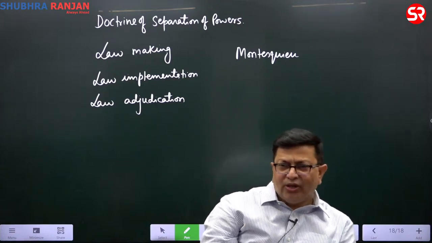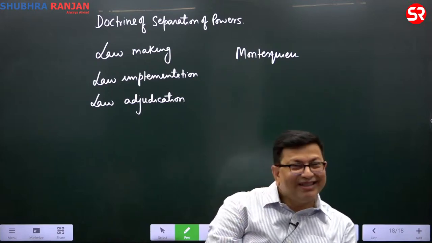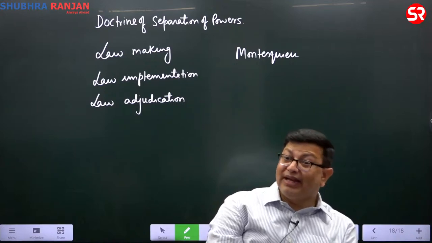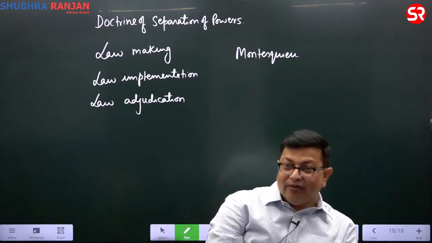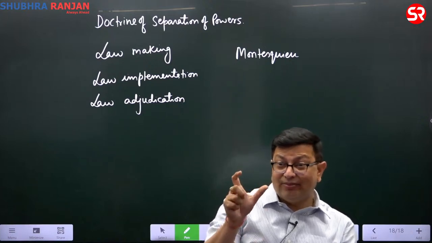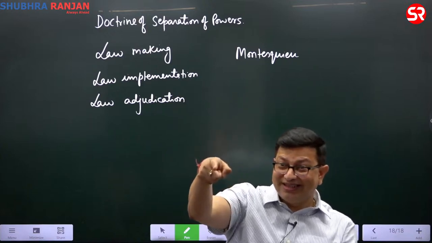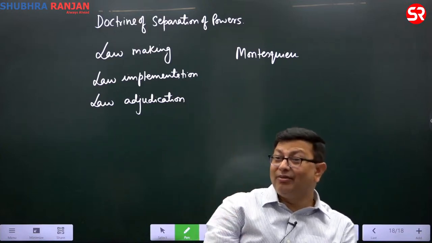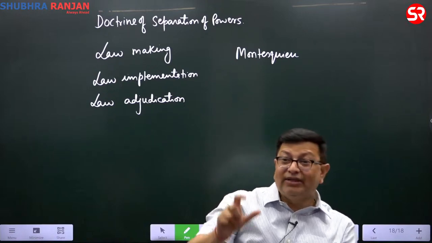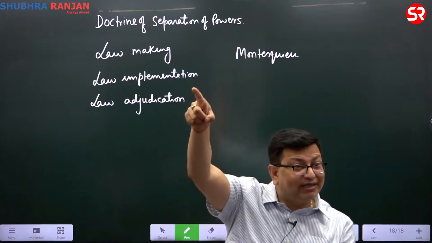See, when you read subjects like political science or social sciences, context is very important. For example, Gandhi gave this concept in what context? So context is more important. Plato gave the concept of the philosopher ruler. In which context did he give the concept?